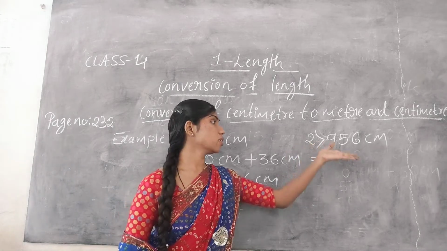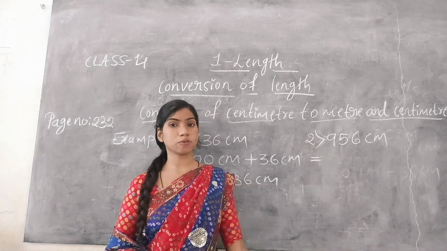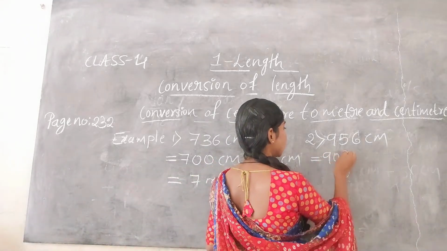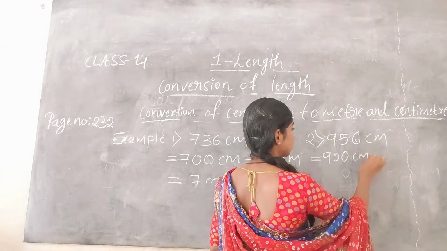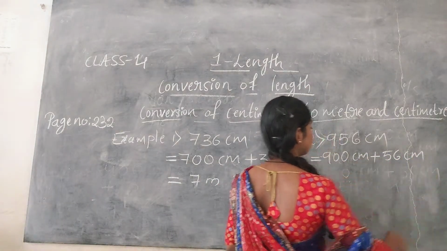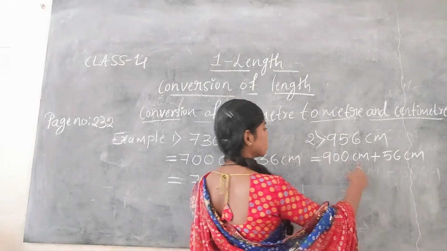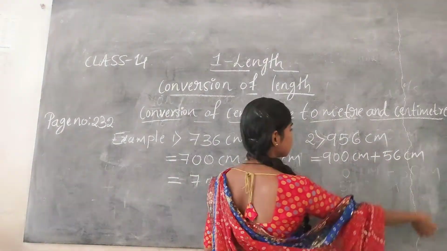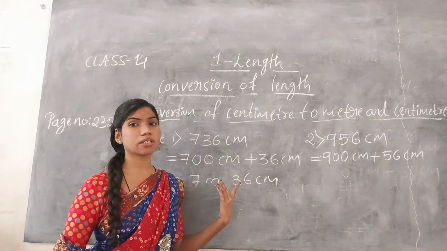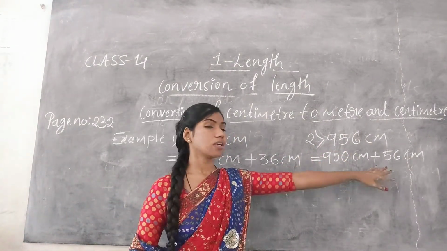So split 956. We can write this as 900 centimeter plus 56 centimeter. 900 centimeter plus 56 centimeter is equal to 956 centimeter.